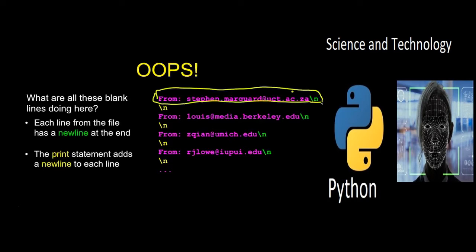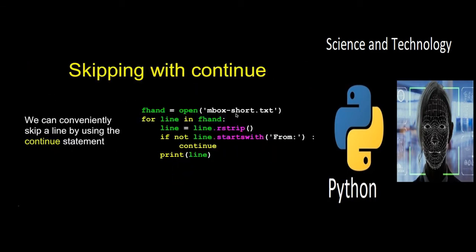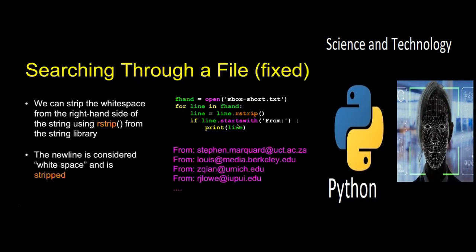So that new line means it's going to go down, and then the print statement adds another new line. The second line of the file has a new line at the end of it, and the print statement adds another new line. If we take a look at the code, this variable line has a new line in it.